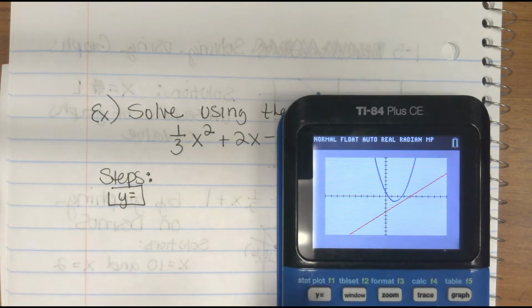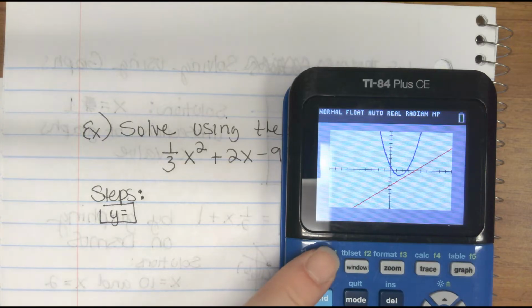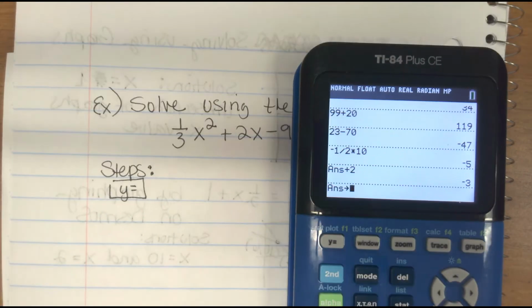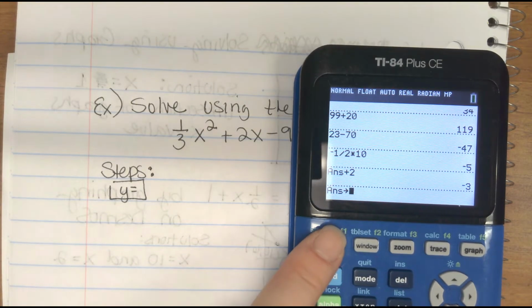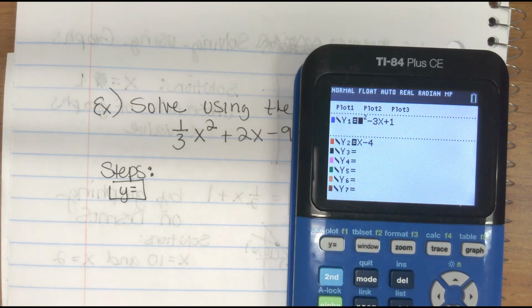The key that says y equals is in the top left right there. You may or may not have things in there. Mine has things in there. On the older calculators, it's the same. It's just that the resolution isn't as high, and the graph isn't going to look colorful, but it's going to do the same thing.